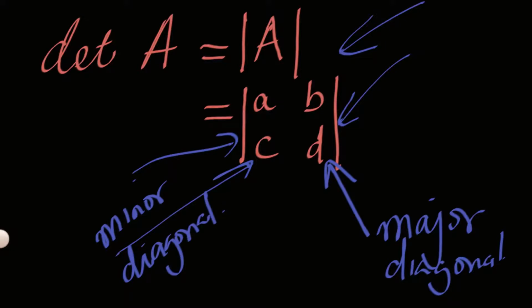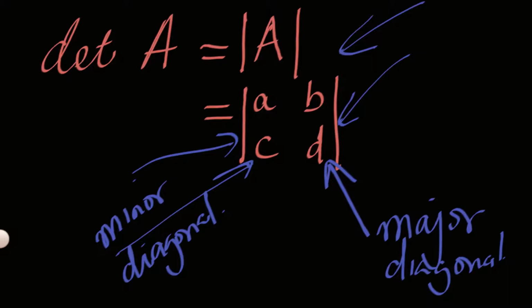For a 2 by 2 matrix, the determinant is the difference between the product of the major diagonal and the product of the minor diagonal. In other words, you multiply the elements in the major diagonal and you subtract the product of the elements in the minor diagonal. That's all.